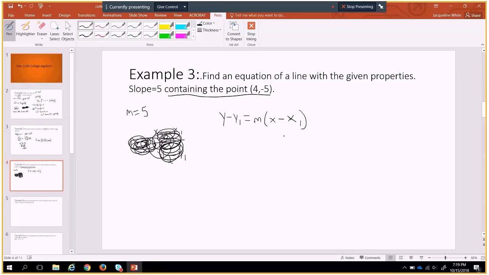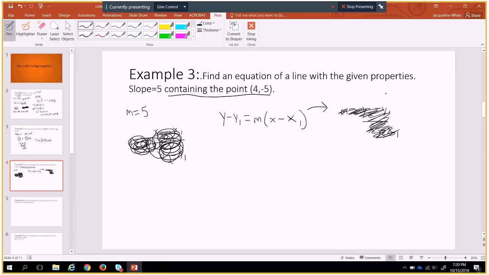What I was trying to say, I wrote it wrong, sorry for that, is that this comes from the fact that slope is equal to y2 minus y1 over x2 minus x1, and the point slope formula is just this rearranged. So if you go to a trivia bar and it asks where the point slope formula comes from, it comes from the slope formula.